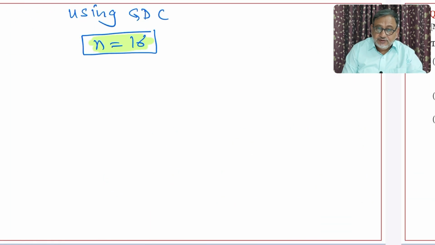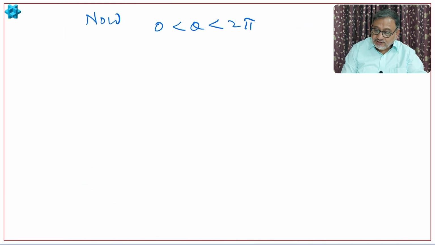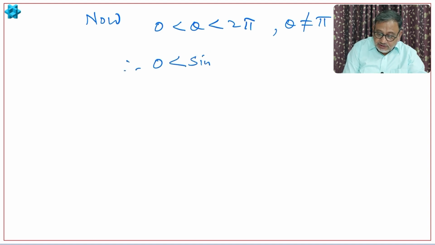It is given in the question. Okay, now then sine square theta, because between 0 and 2 pi we have 1 only, because theta is not equal to pi. When theta is pi, it will be 0, not equal to pi. So therefore 0 is less than sine square theta is less than or equal to 1. Like that we can write.